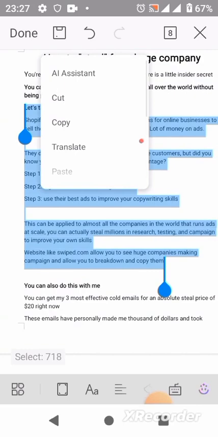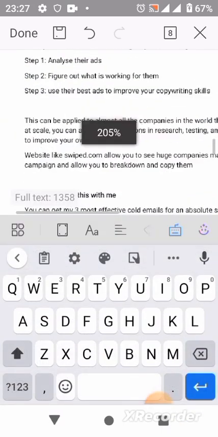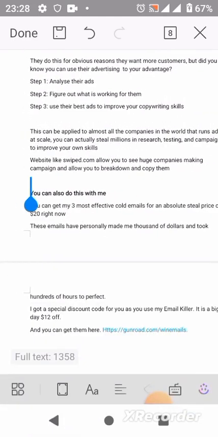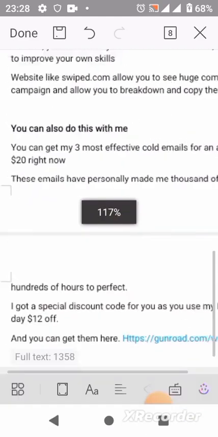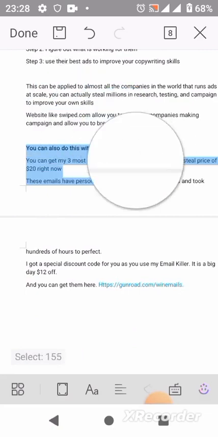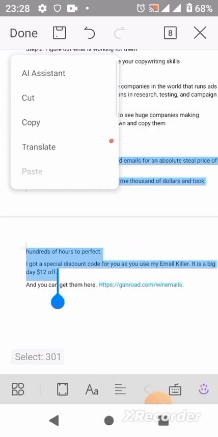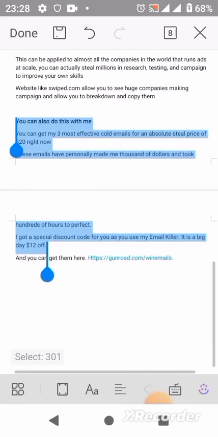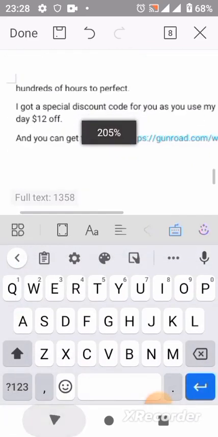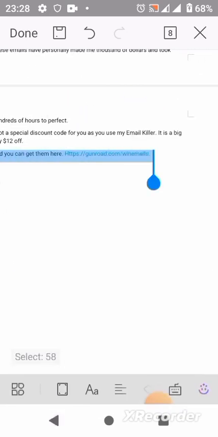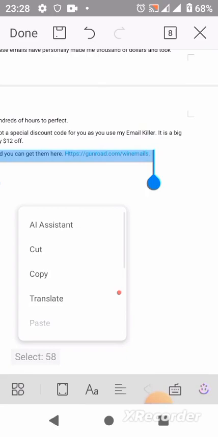Remember, I said the formula for copywriting: we have the hook, the story, the pitch, and the call to action. Here's the pitch. This is the pitch, and I have the call to action, and this last line is the call to action. So this is the call to action, which is the CTA.